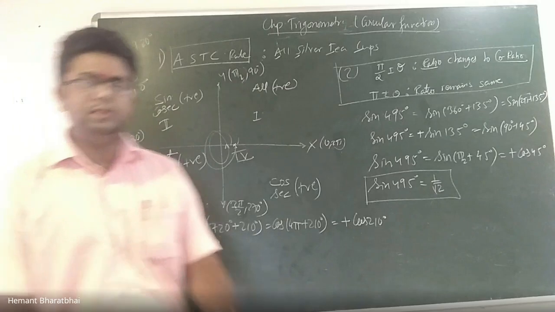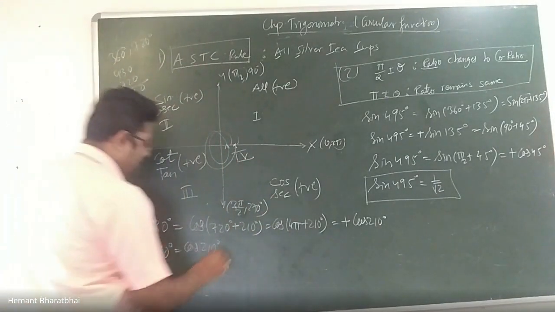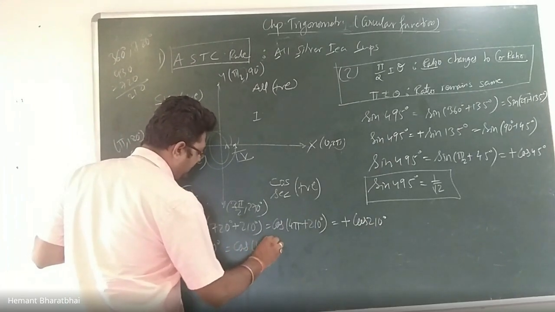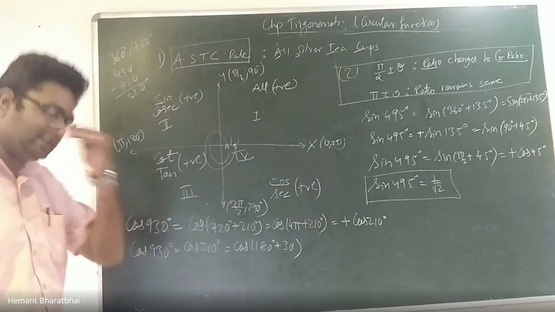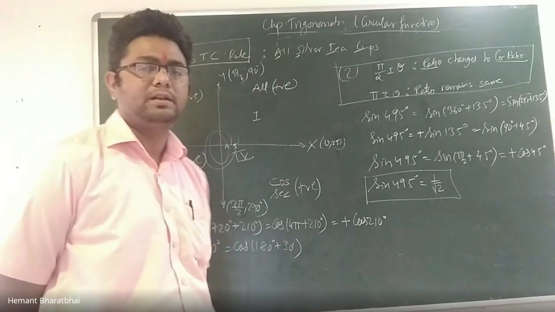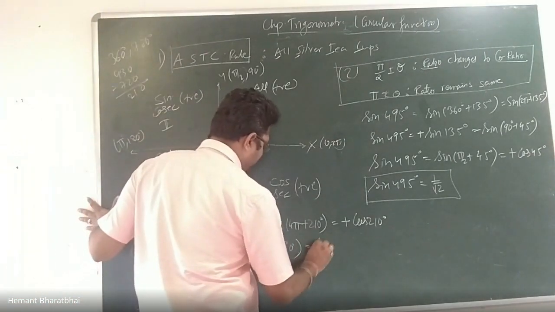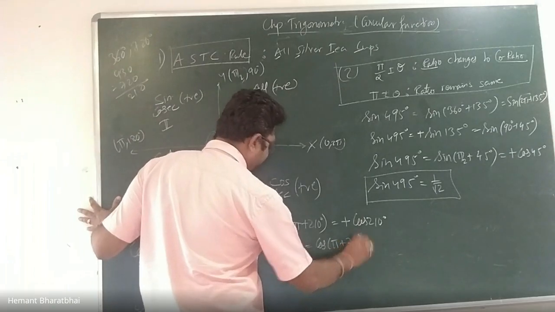I don't know the value of 210 degrees, so it's okay. No worries at all. So I can write it as cos of 180 degree plus 30 degree. Right? 210 can be written as 180 plus 30. 180 is nothing but pi. Therefore, this will become cos of pi plus 30 degree.